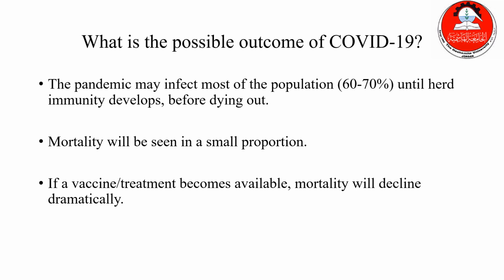So the infection needs to spread globally and affect more than 50% of the Earth's population in order for them to have a level of immunity, so that any subsequent infections in the coming year, the population would be immunized against it, and it would come as a common cold. Mortality will be seen in a small proportion.